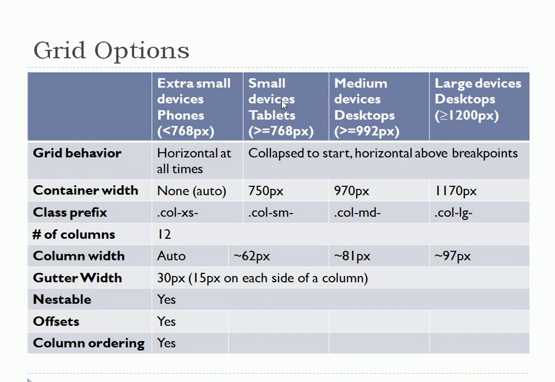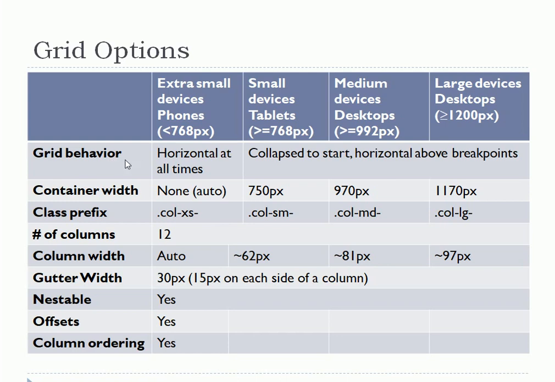This is for small devices like tablets, where width is generally greater than or equal to 768 pixels. This is for medium devices like your desktop, where width is generally greater than or equal to 992 pixels, and for large desktop devices, the width is generally greater than or equal to 1200 pixels. According to that, these options are specified.